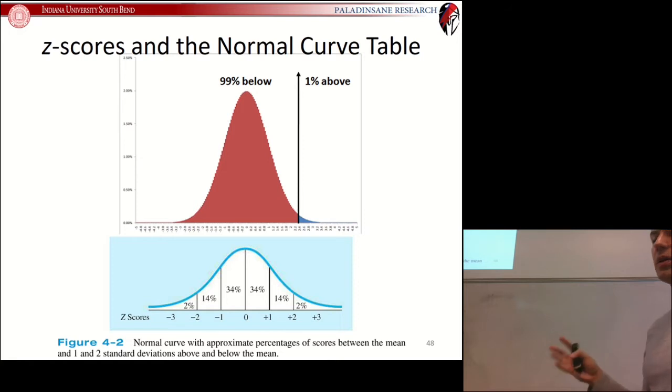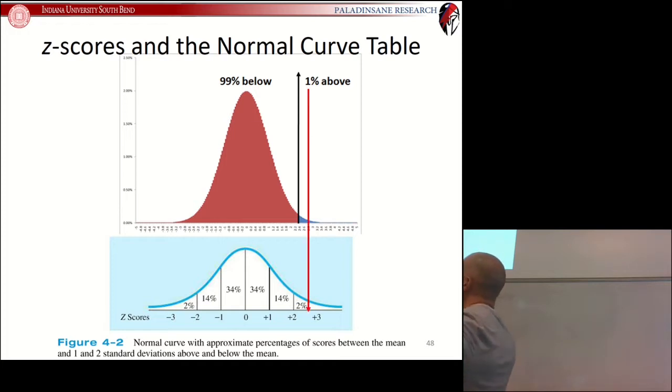In this case, we don't know what the z-score is, but we know that we're in the top 1%. This is the top 2%. So we're somewhere in that tail, right? If that's the top 2%, then the top 1% has to be somewhere in that tail right there, right? Because it can't be back down here, because then we'd only be in the top 16 to 2%.